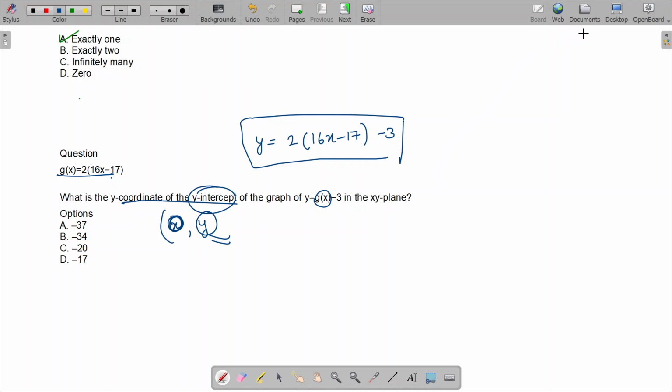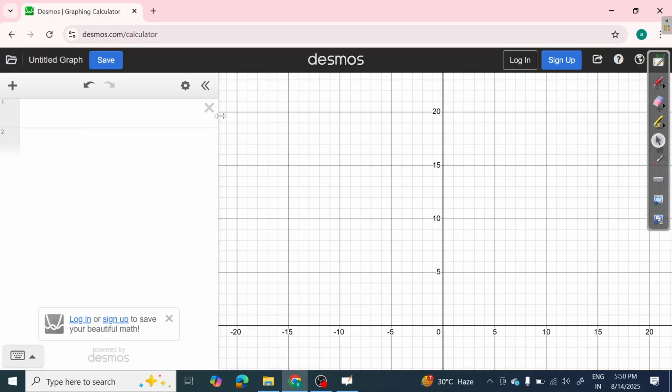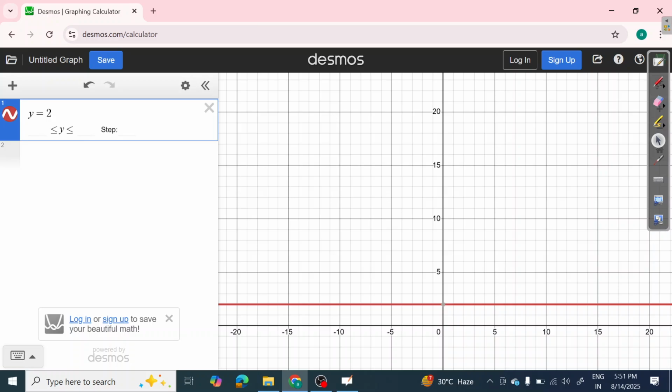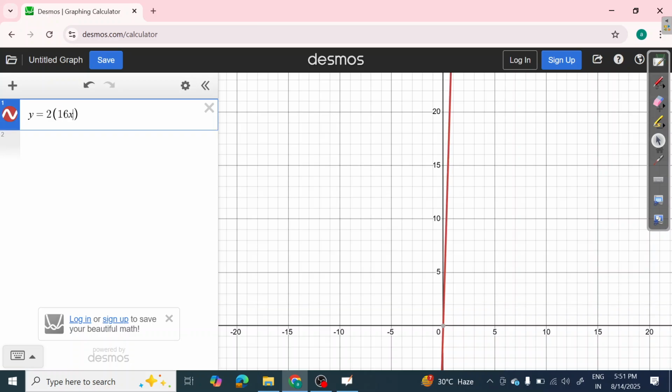Let's do it. 2 times 16x minus 17 and I think it was negative 3. Now you can check. It is clickable, right?